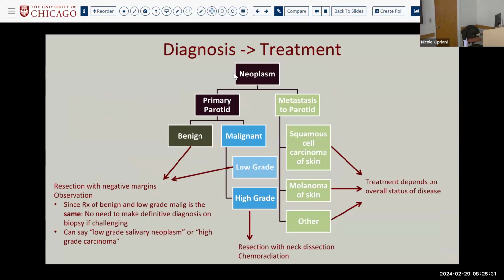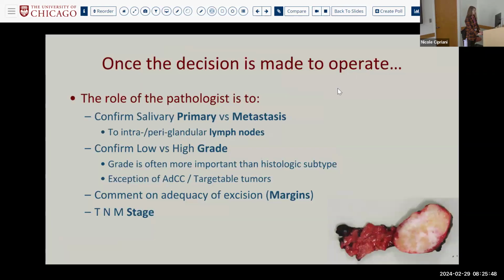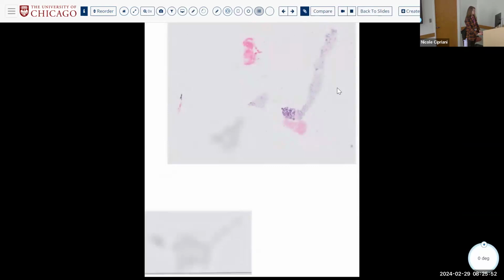You don't have to commit to benign or low-grade carcinoma because they will resect it with negative margins, or whether it's a high-grade thing. Or if you're concerned for adenoid cystic, because adenoid cystic is the only carcinoma that, whether high-grade or low-grade morphologically, they may end up doing a neck dissection.